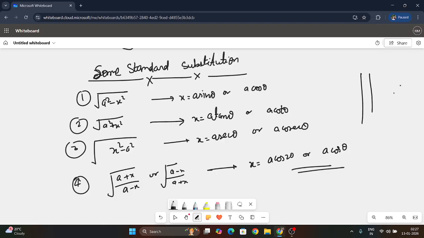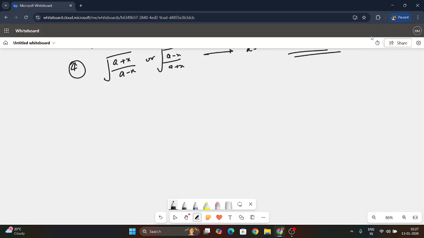We use this substitution to solve some questions of the method of differentiation. So write it and let's go for a question.